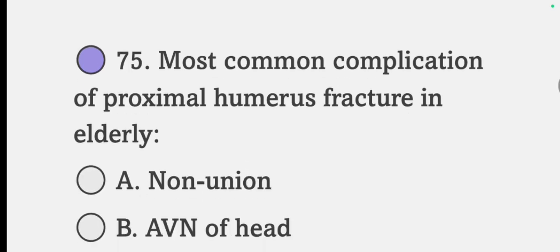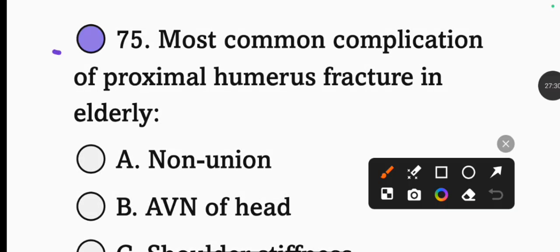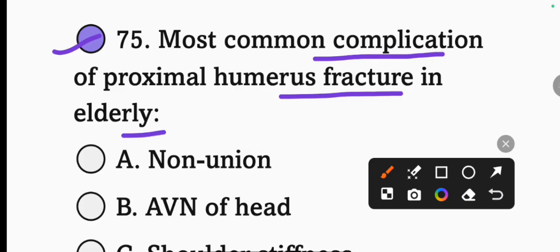Now come to 75 questions. Most common complications of proximal humerus fractures in the elderly. So in the elderly, the most common complication is shoulder stiffness, like a frozen shoulder. Other complications like AVN and malunion, non-union also occur, but the most common in an elderly patient is shoulder stiffness.